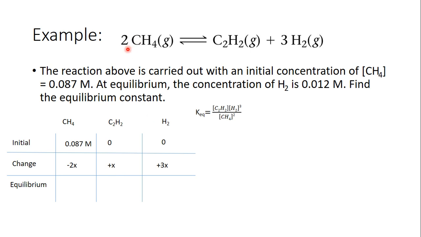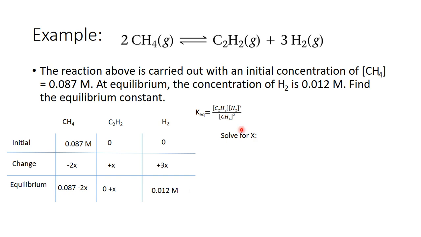And we also know for every 2 moles of CH4 we lose, we gain 3 moles of H2, so the amount of H2 we get is 3x. At equilibrium, our amount of CH4 will be 0.087 minus 2x. Our C2H2 will be 0, what we started with, plus our change, x. And for H2, we're actually given how much we end up with at equilibrium. It's just 0.012 molar.